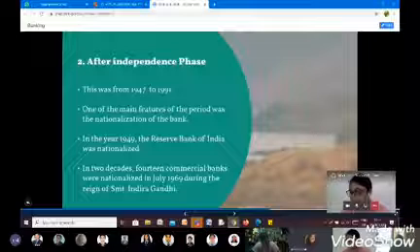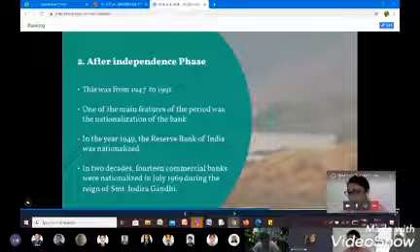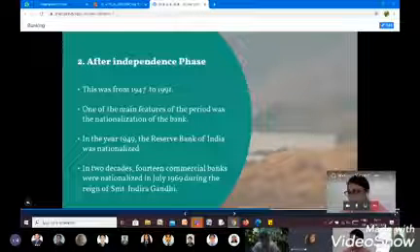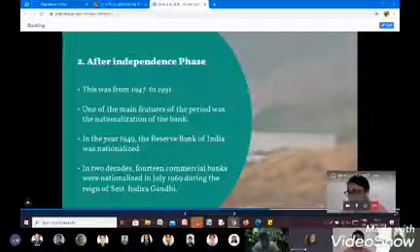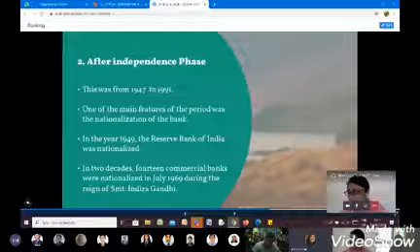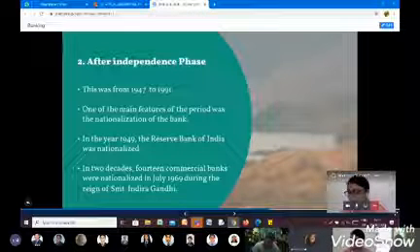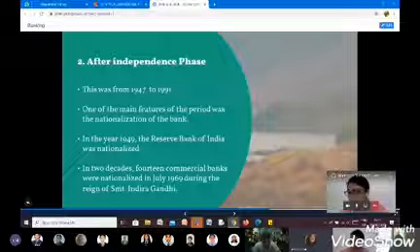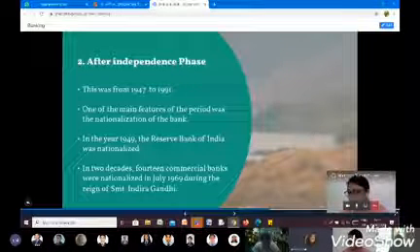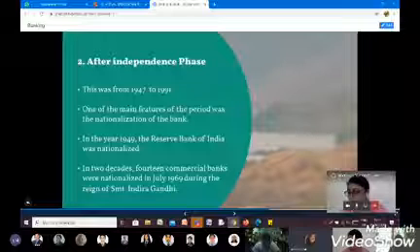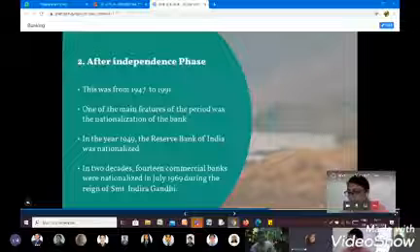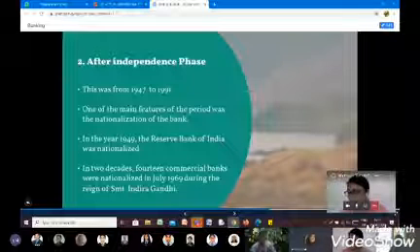So, as Nidhi said, nationalization of banks refers to the transfer of banks to the public sector, operated and owned by the central and state governments. In the year 1949, the Reserve Bank of India was nationalized, and this was during the rule of Indira Gandhi.